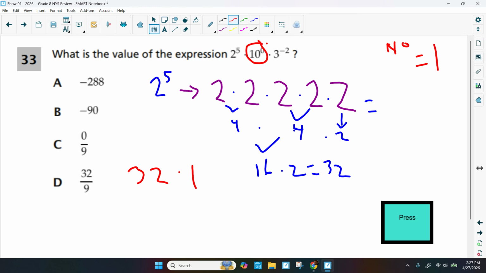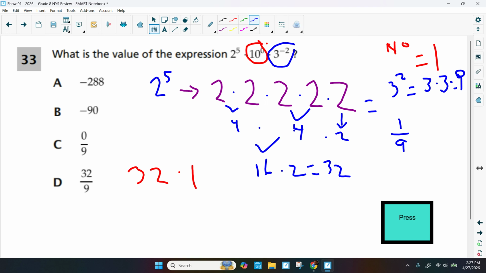Now I got another interesting occurrence here. I have 3 to the negative 2. What that means is take 3 to the 2, which is 3 times 3 equals 9. And take that 9, put it on the denominator, make it the reciprocal.